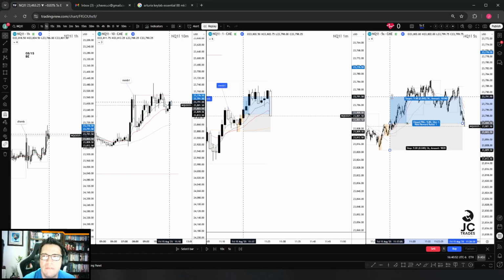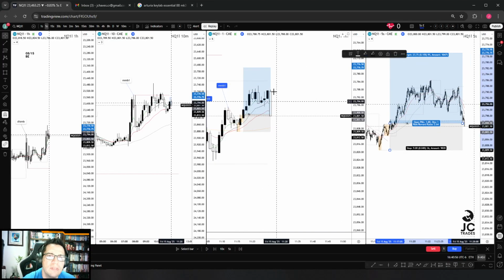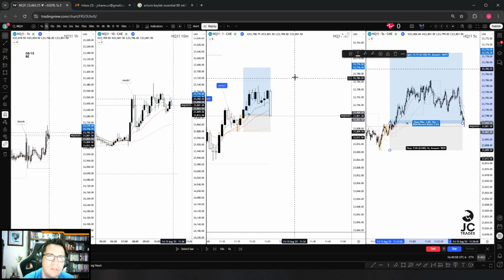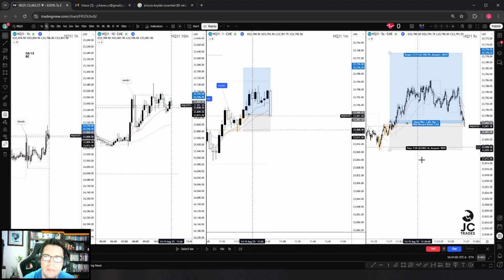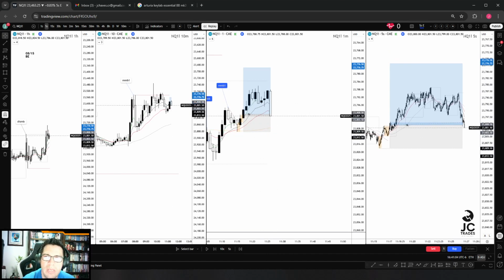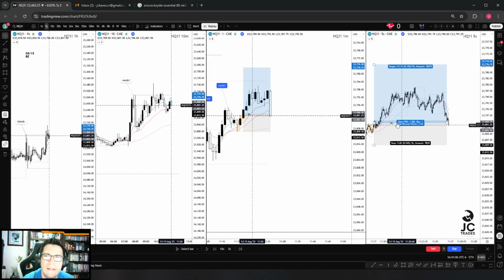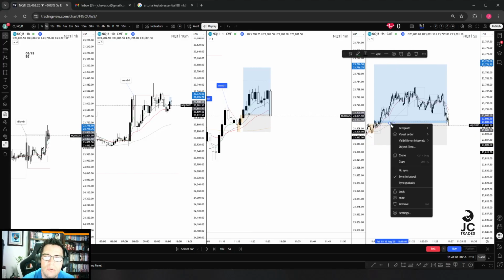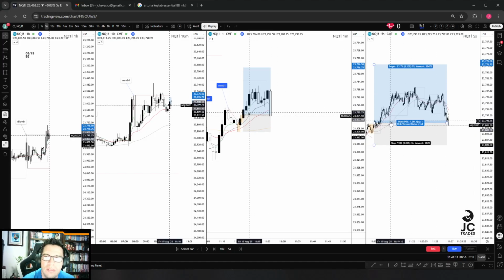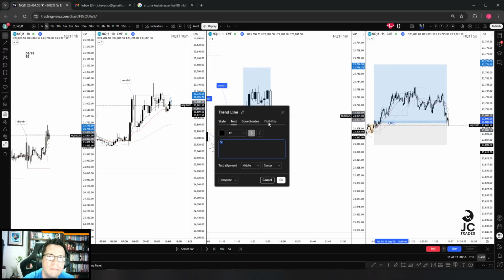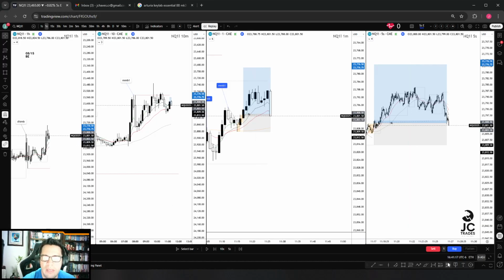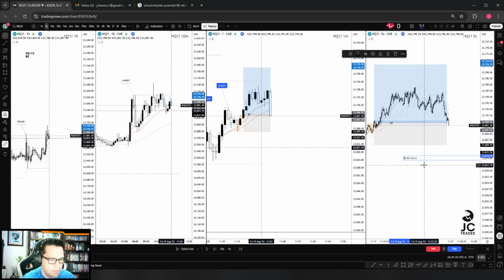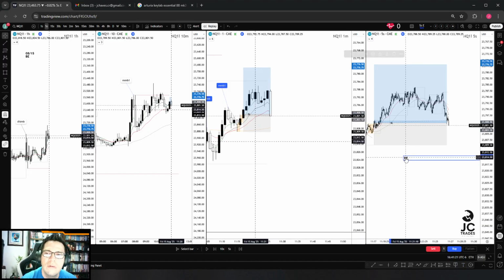Or you can just let this one play out, trying to survive this flush here for the continuation to the downside. But in our case particularly, we had this one fail. So we are just going to count this one as a break-even trade by following our rules.